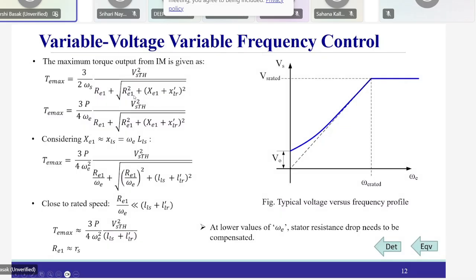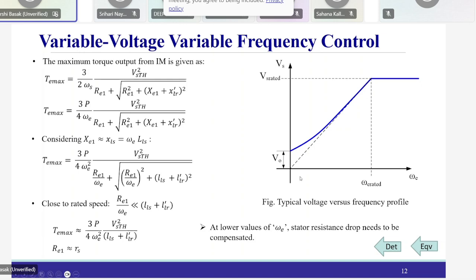The stator resistance drop will be there, because a resistance can offer a drop in a DC circuit also. So that means if you keep zero frequency, it will still consume some drop. That means you need to keep some voltage boost, which will help in overcoming the stator resistance drop during starting.